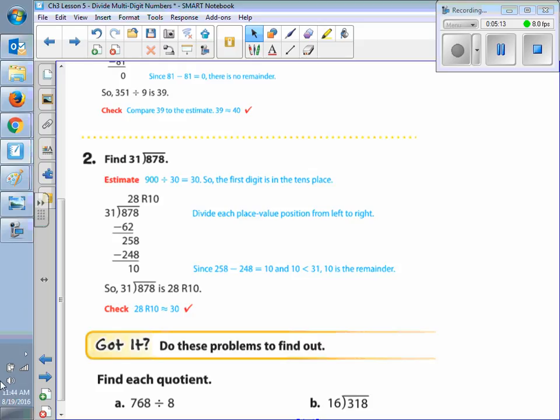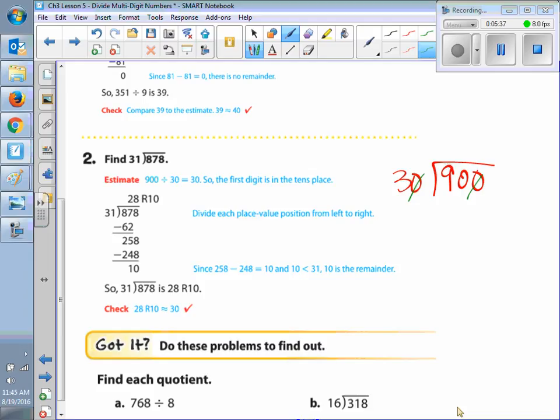We make it easy, right? So 878 is about 900. 31 is about 30. So when I estimate, I'm doing 900 divided by 30. Does everybody see that I can say, how many times is 90 divided by 3?